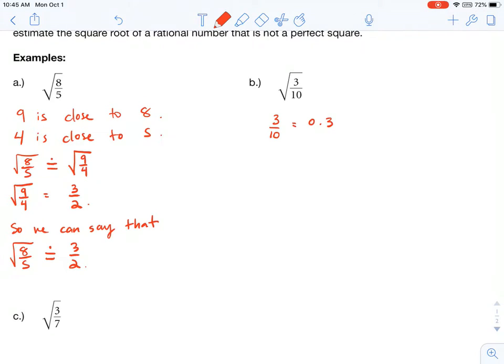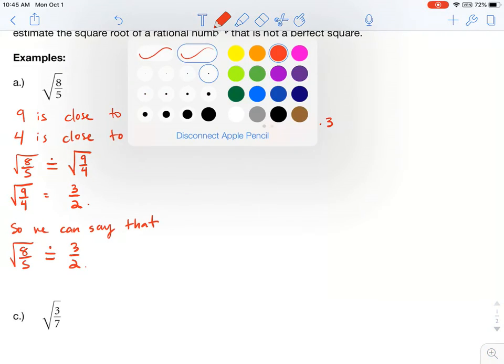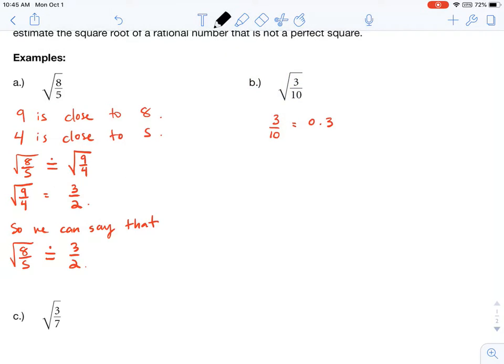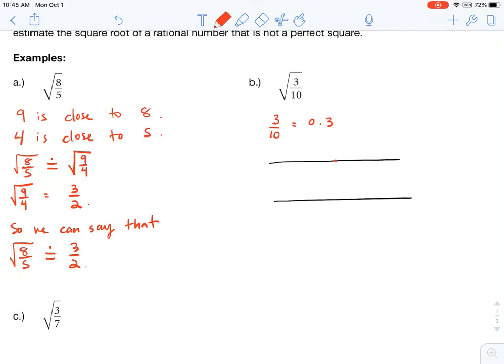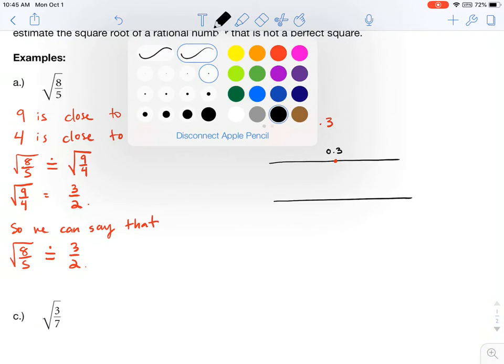So now we've got to think of perfect squares that are close to 0.3. Let me draw a number line here. So let's say that this is 0.3 right here.